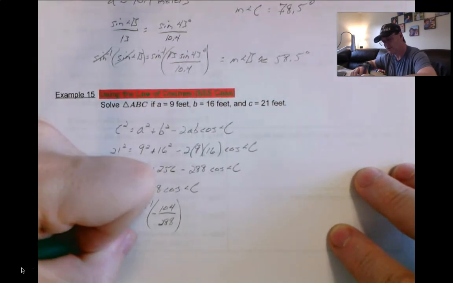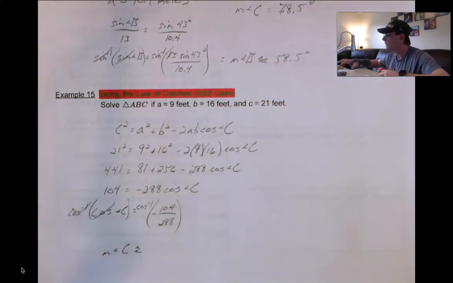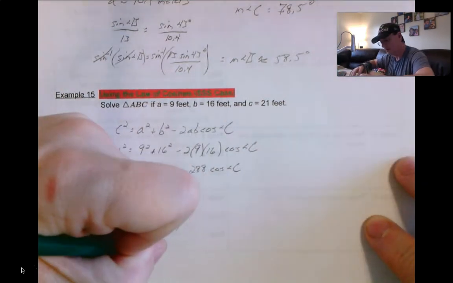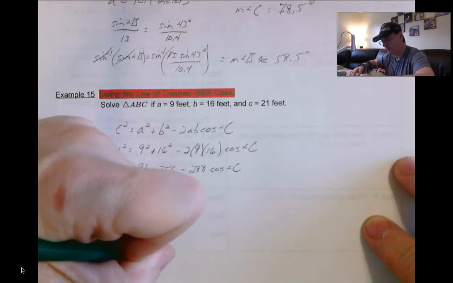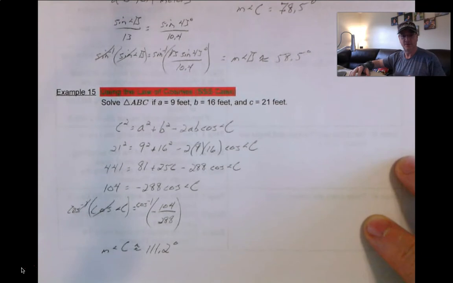Measure of angle C approximately equal to 104 divided by 288 equals, I get like negative 0.3611111. I want to do inverse cosine of that. I get approximately equal to 111.2 degrees. So this is the measure of angle C.